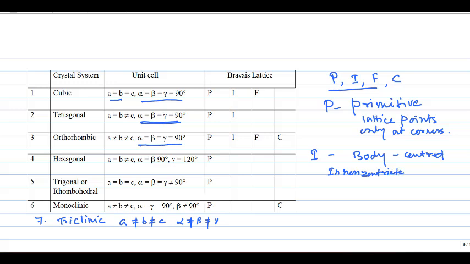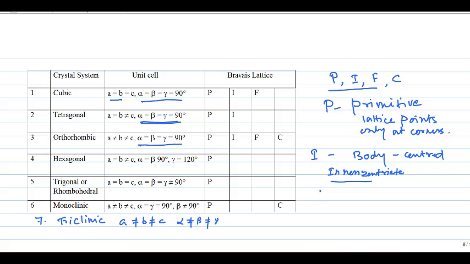Probably said as Innenzentrierte, which stands for body centered. That is why we have this I and not B. So I stands for body centered. That means you have a lattice point at the center of the body of that cell, at the body center of the unit cell. We will see all the diagrams in a while.